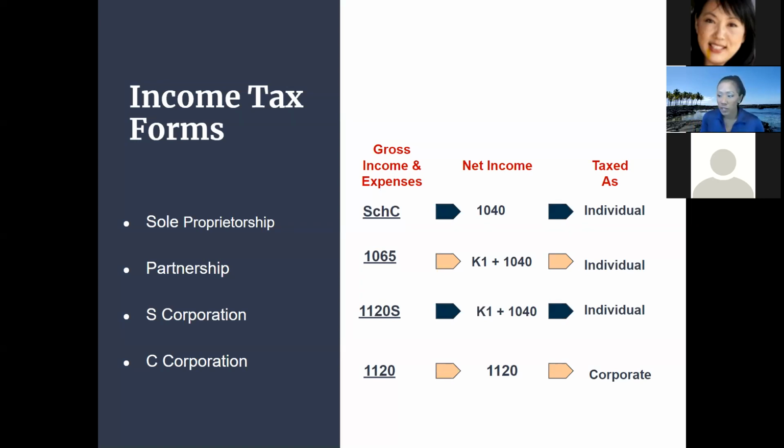S corporation, we kind of spoke about, the form number was 1120S. On the 1120S, the income and expenses are reported, that goes on a K1 form, which again is the net income of your business. And that goes on your 1040, and that ends up on your income tax form on the individual side. So all three of those are taxed at the individual tax rate.